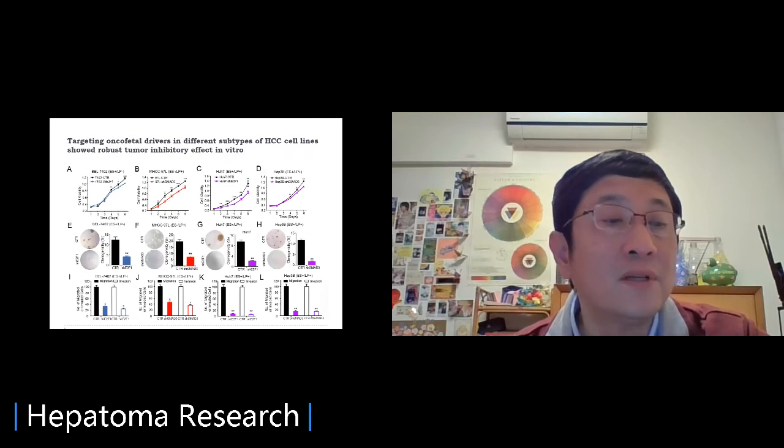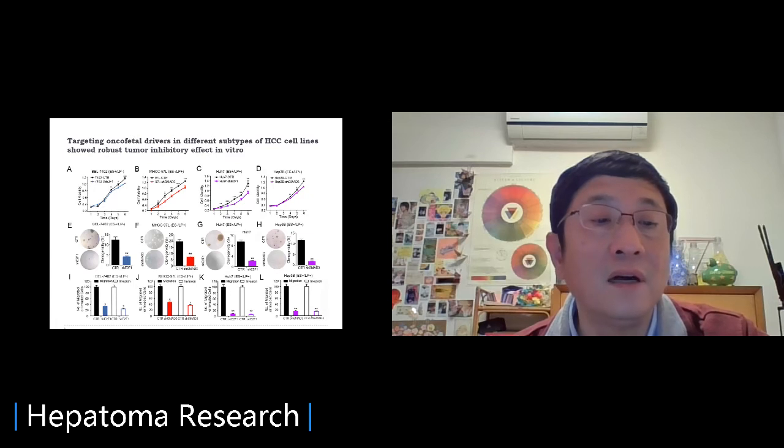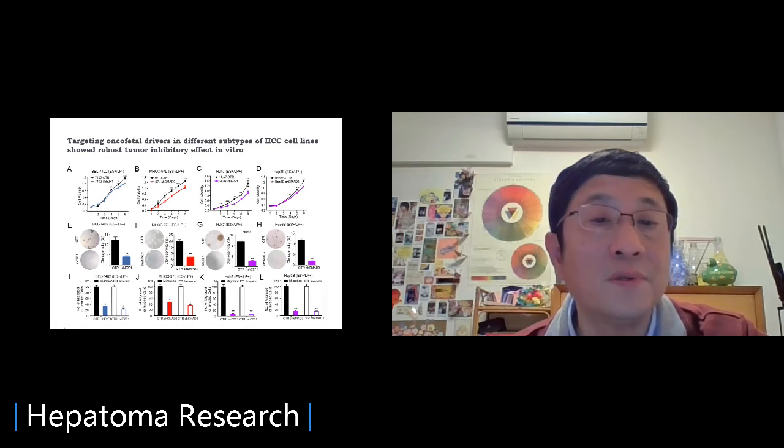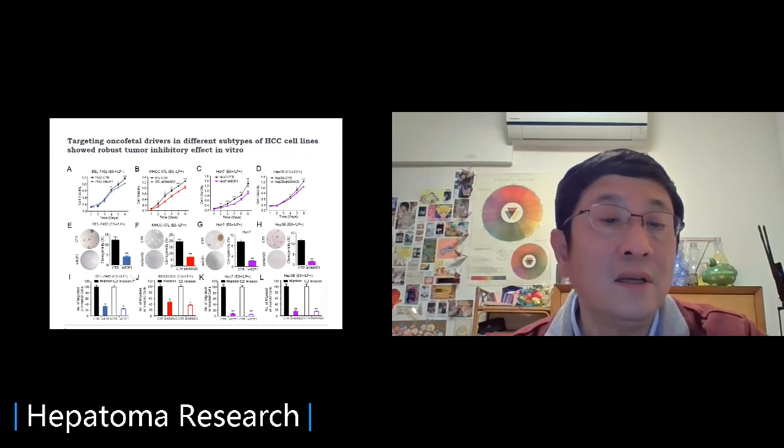Compared with control groups, functional analysis found that targeting E2F1 or SMAD3 could dramatically inhibit cell growth, colony formation in soft agar, and cell migration and invasion.